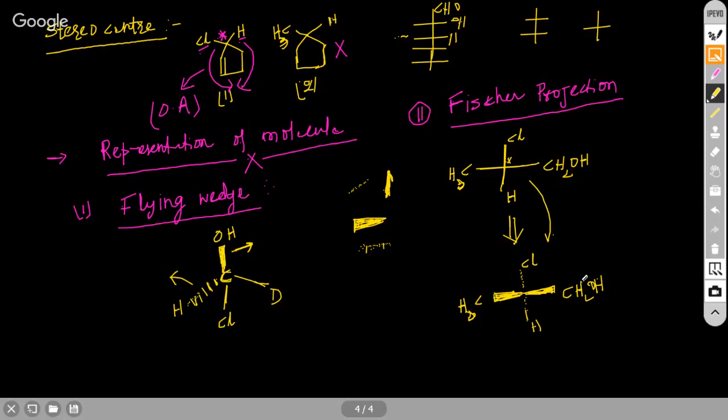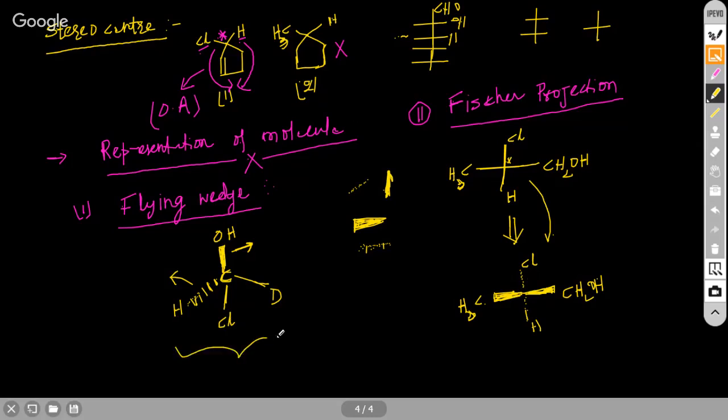These two atoms or groups on the horizontal line are actually coming towards you, right? And these two atoms or groups on the vertical line are going away from you, into the screen. We have only four groups here, Nikita. Two are coming towards us and two are going away from us. Only four we have.